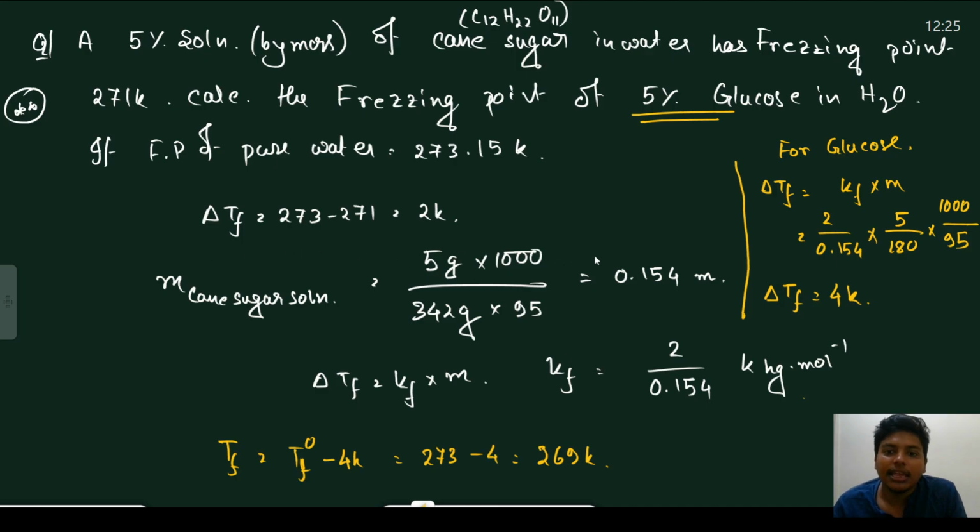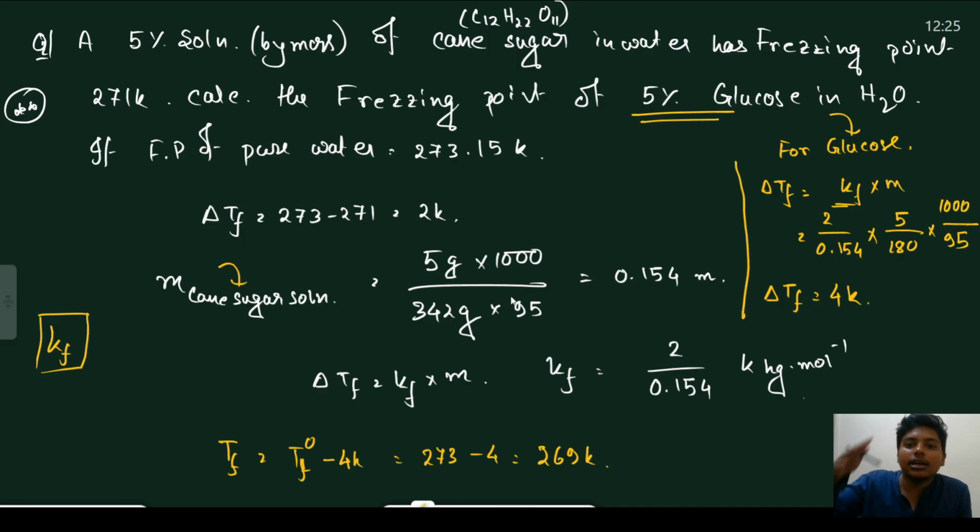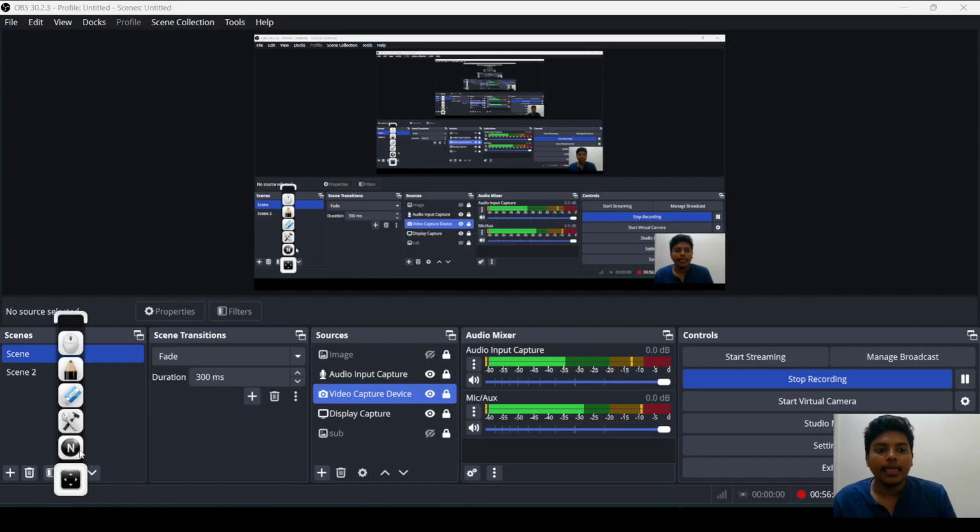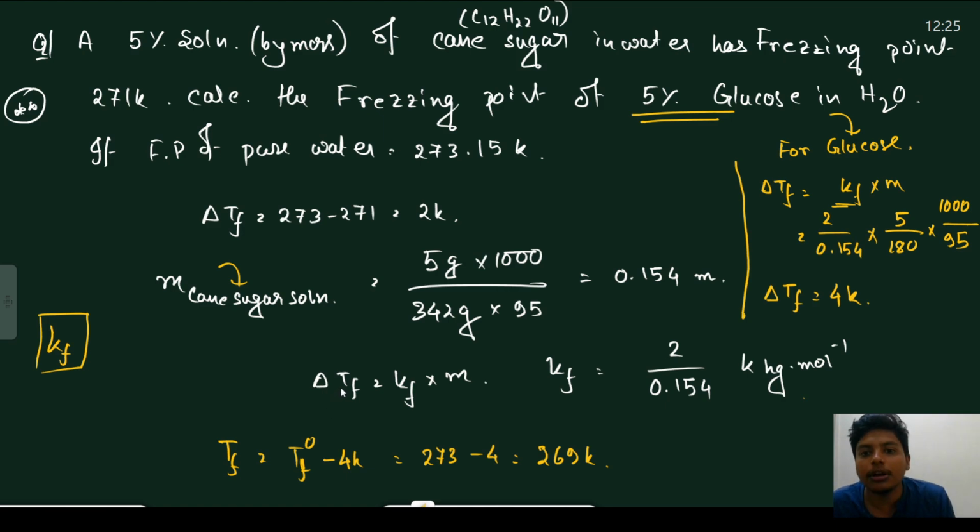See, K is nothing but the solvent's K. It is not for the solution; here we are talking about the solvent. If I add cane sugar or glucose, in every case the freezing point will decrease.